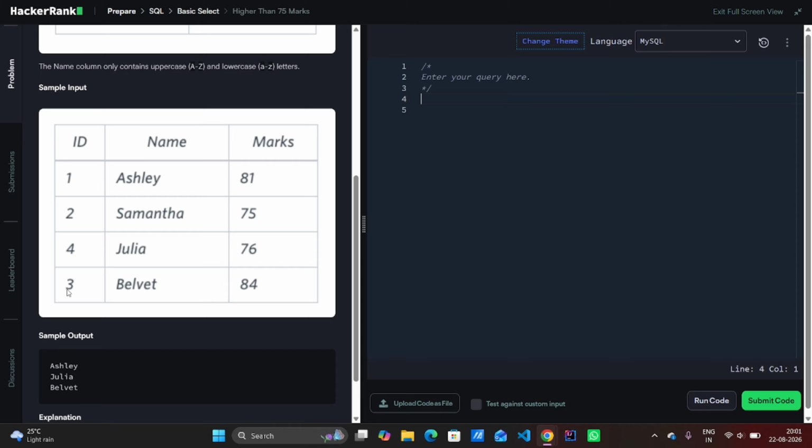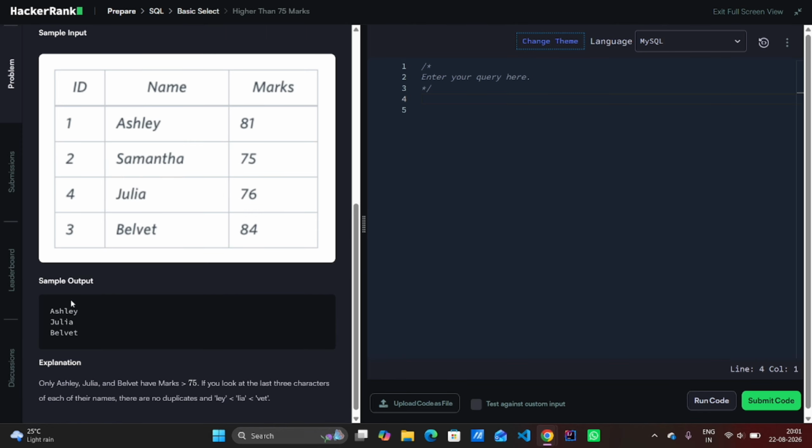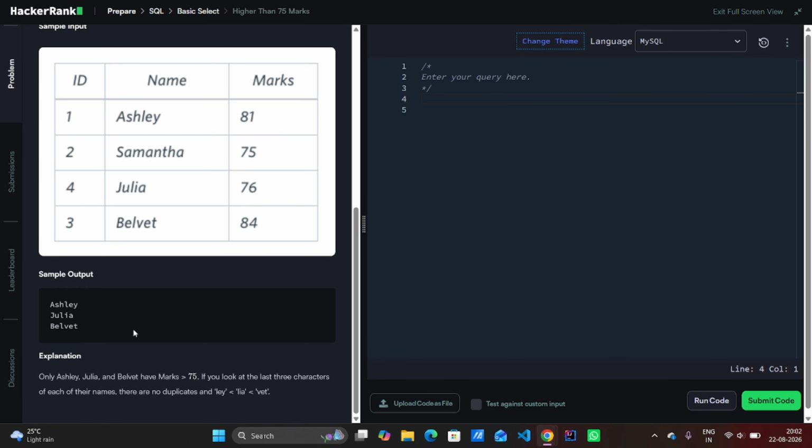The sample output is Ashley, Julia, Velvet, because Ashley, Julia, and Velvet have marks more than 75. That's why we have got this output, and they are ordered according to the last three characters of their names.